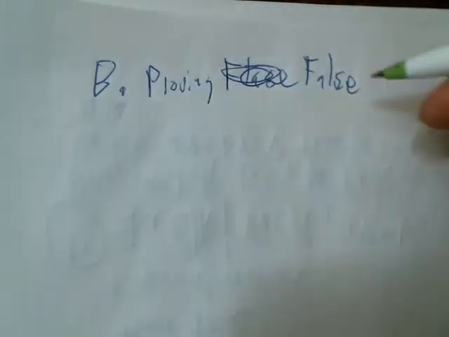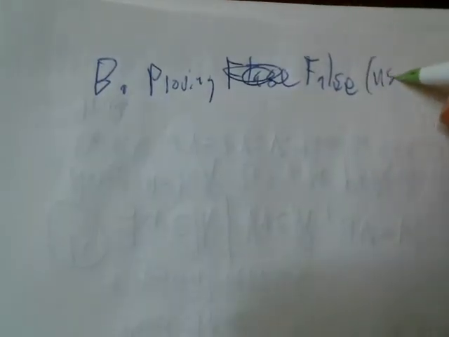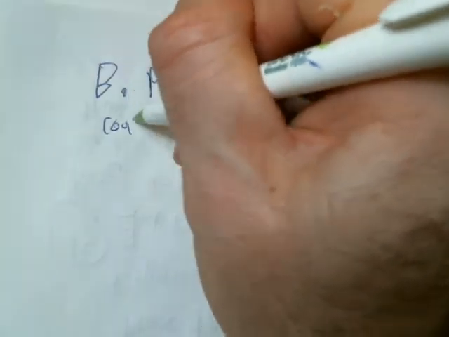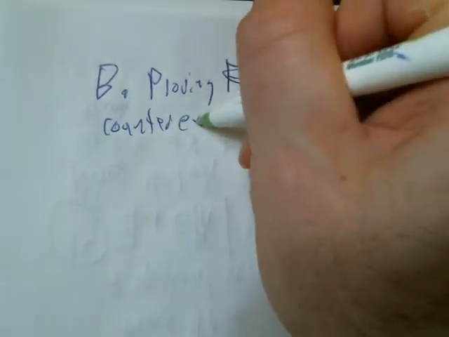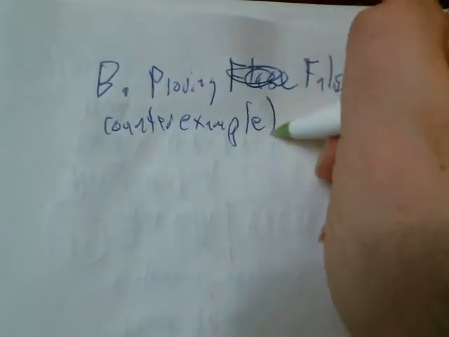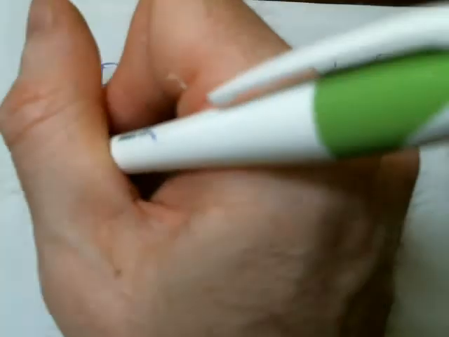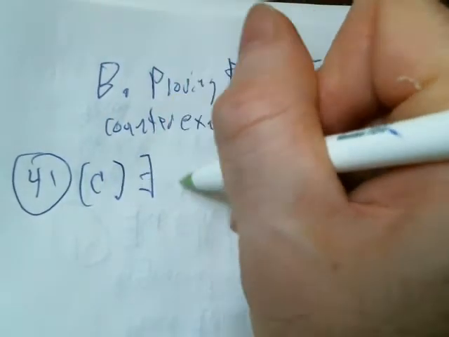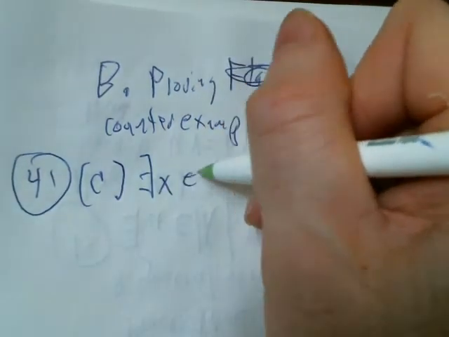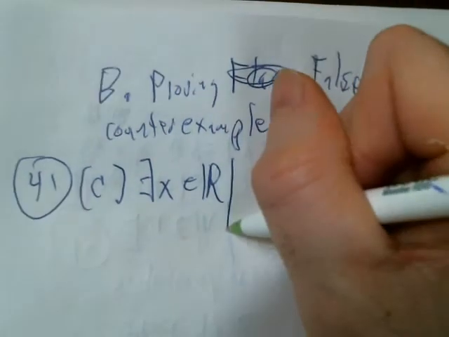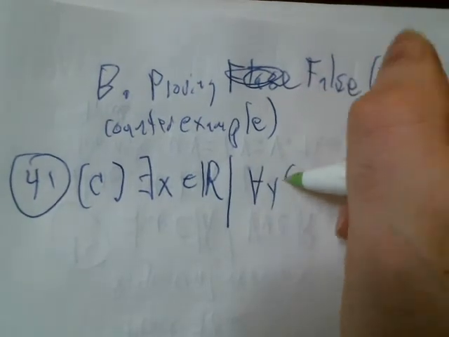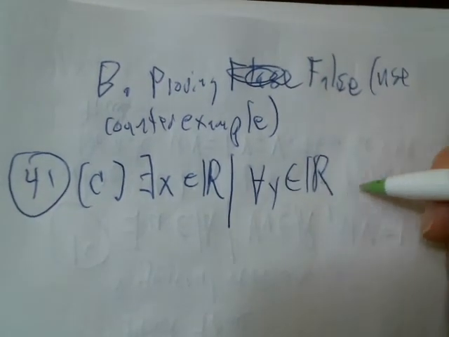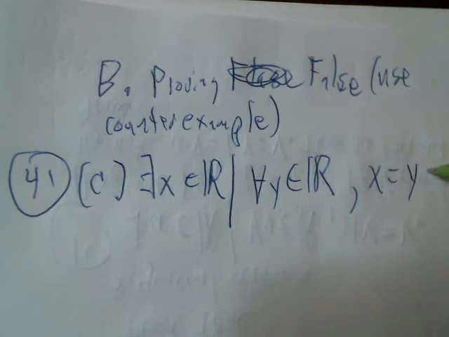So let's look at, so I'll just use counterexamples. Okay, so let's say at 41, part C. And here we're trying to prove there exists an X in the real numbers such that for all Y in the real numbers, X equals Y plus 1.